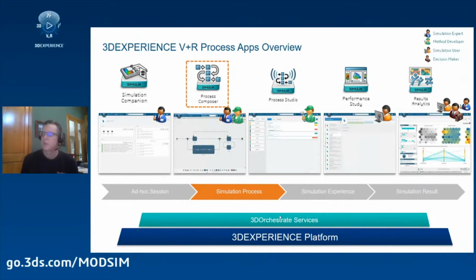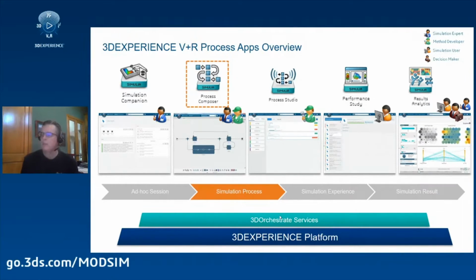Performance Study is a tool that allows you to evaluate different designs and try different values. And when you execute Process Composer through tools like design of experiments and optimization, you're going to generate a lot of data. To analyze that data, we have a tool called Results Analytics that allows you to sort through many design alternatives and come up with the best alternative for your given scenarios.